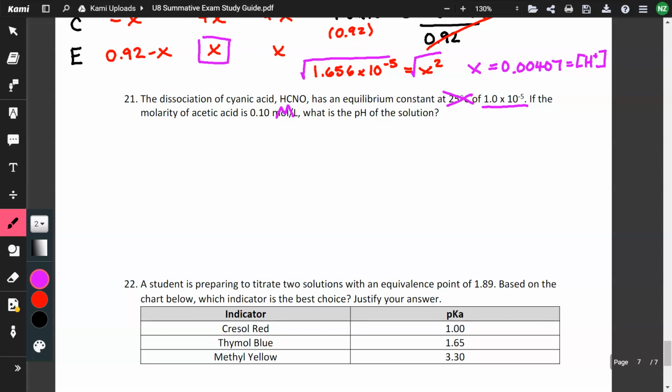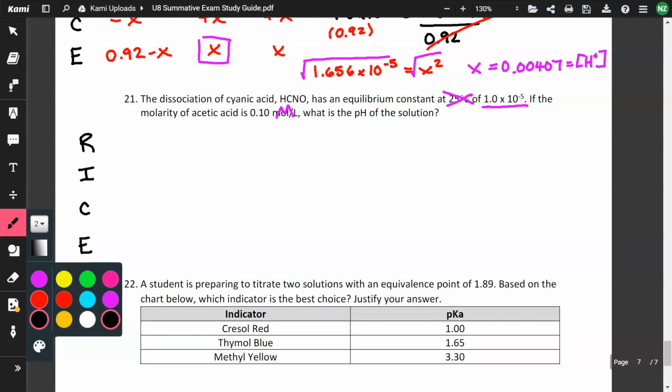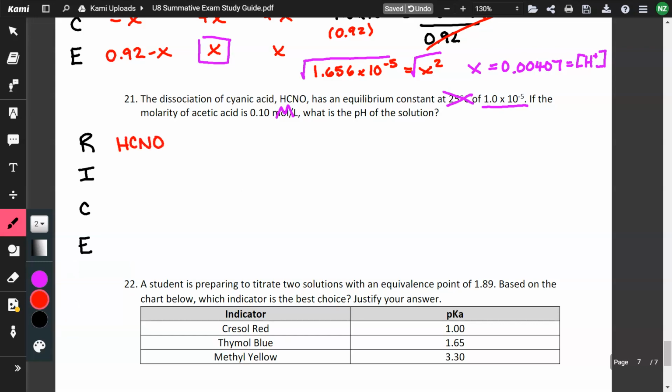Okay. Well, let's do a RICE table. So we have HCNO. That's going to dissociate into H plus, and then CNO minus. Acetic acid. I think that means cyanic acid. That's got to be a typo.